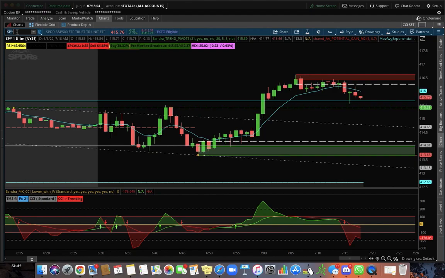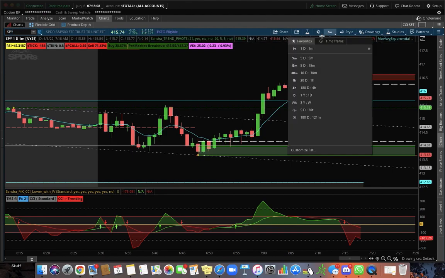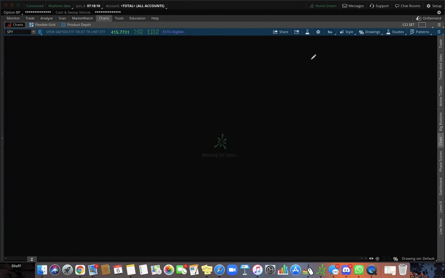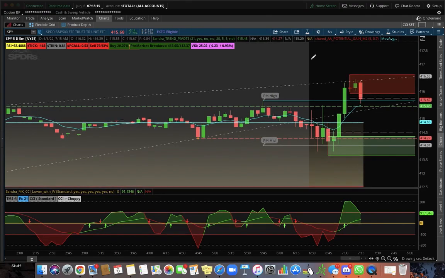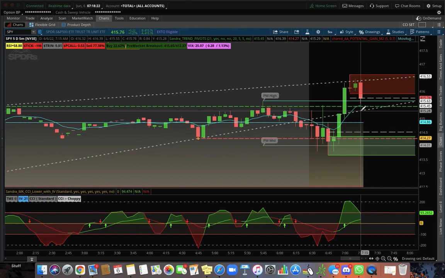So if we were on a 5 minute, SPY's going down. There's not a lot of thrust there, but it's still going down. You can see on a 5 minute, we have lots of power lines here. So we'll see if this acts as support right here.